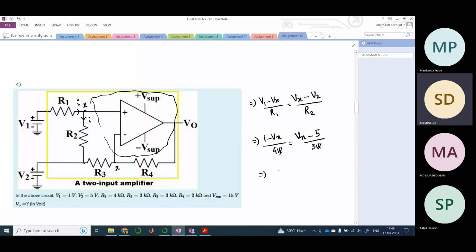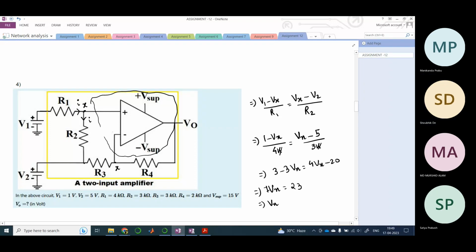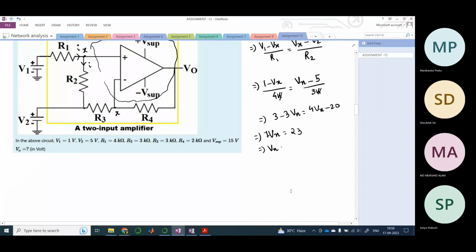If you just cross multiply, this is 3 times (1 minus Vx) equals 4 times (Vx minus 5), so 3 minus 3Vx equals 4Vx minus 20. So 7Vx is 23, and Vx is 23 by 7 volt, which is approximately 3.286 volts. Okay, so I'll just stop here.